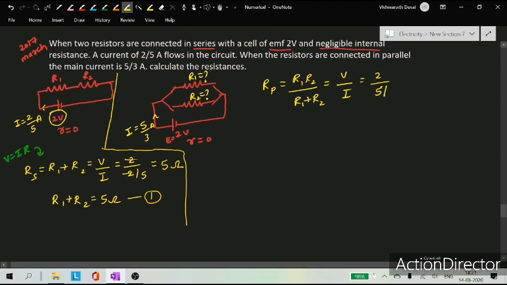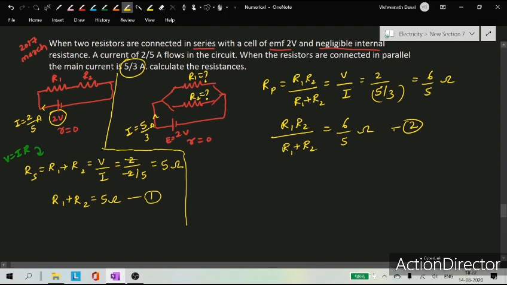They have given 5 by 3 in the problem. I am using that. So this is equal to 6 by 5 ohm. So you got finally R1 R2 divided by R1 plus R2, which is equal to 6 divided by 5 ohm. I can call this equation 2. Maybe I can use it later.